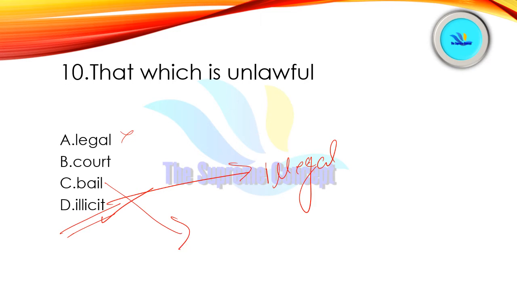we can say bail bond or security. Bail is actually the conditional release of a defendant or a criminal for a particular crime, and with promise to appear in the court when required, right?